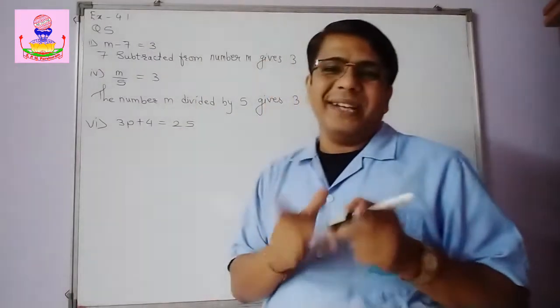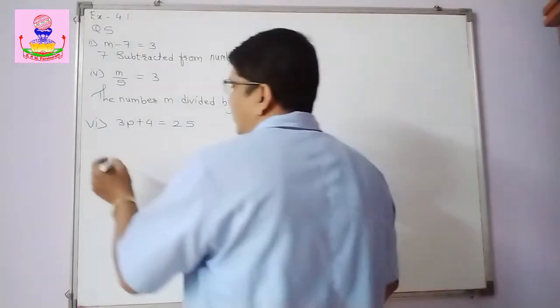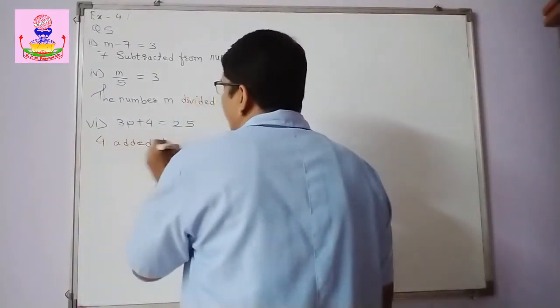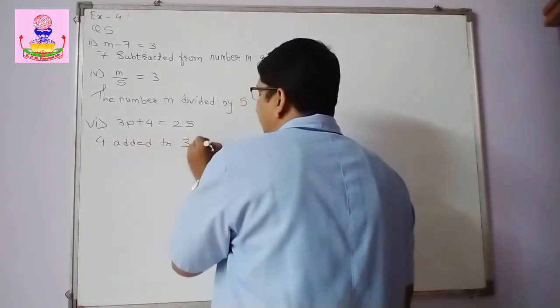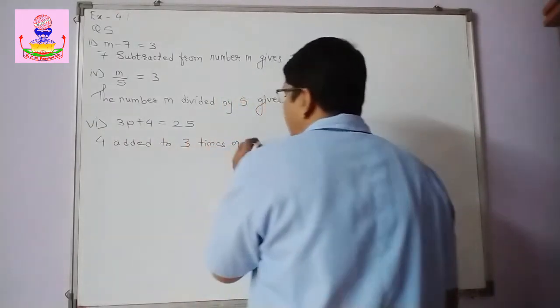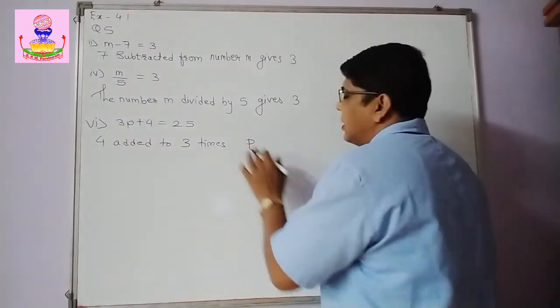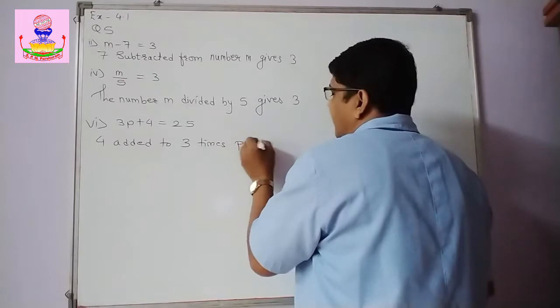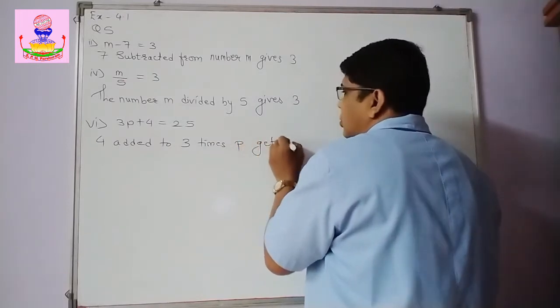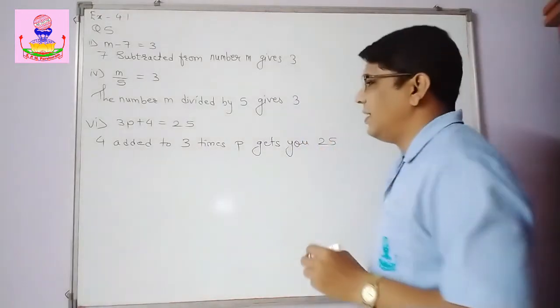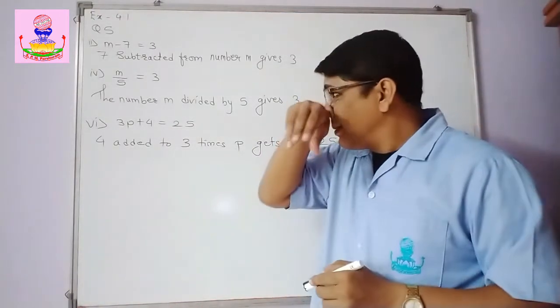Okay, gets you 25. So we can write it here: 4 added to 3 times P gets you 25.